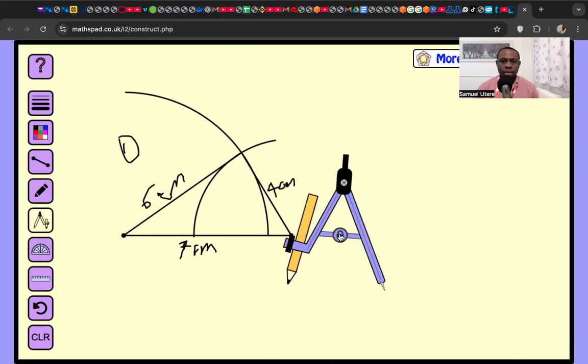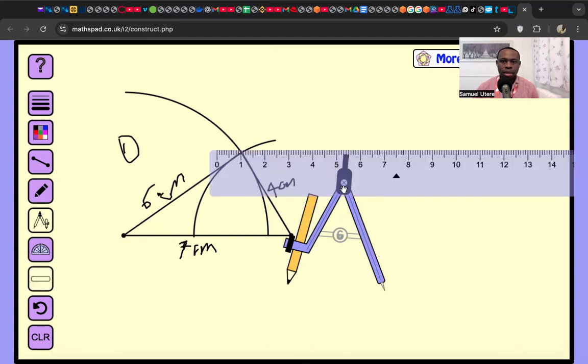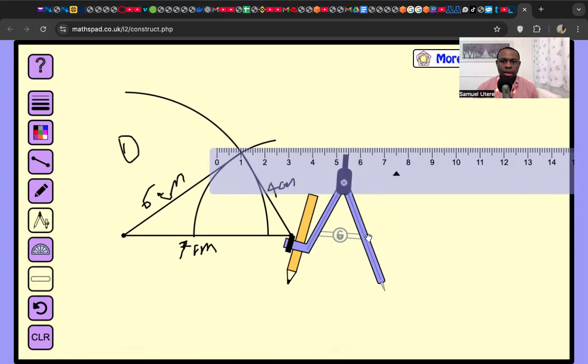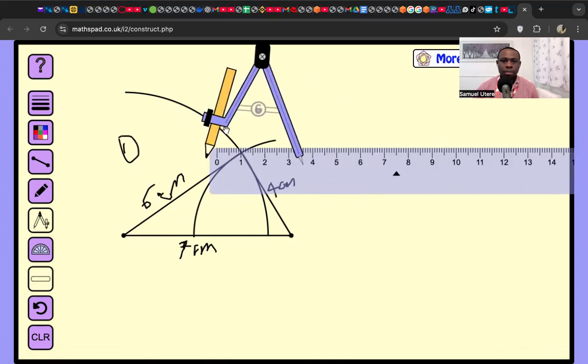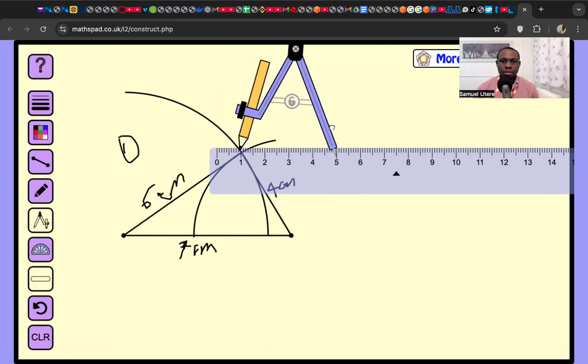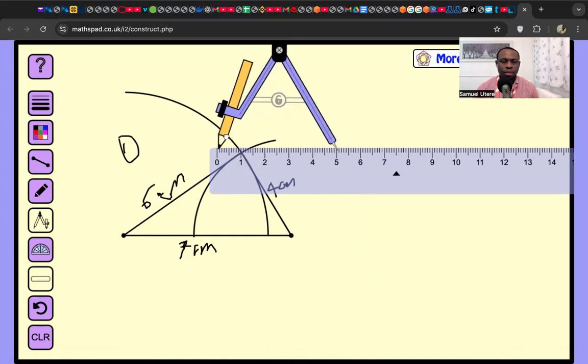So let's unlock that because we're going to need to get a 5 centimeter. So it doesn't matter, we can do it from here to there. So we want 5 centimeter. We'll lock that to make sure we've got it right.